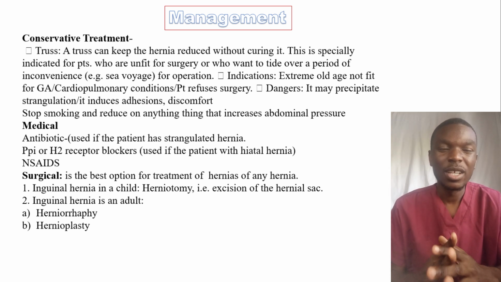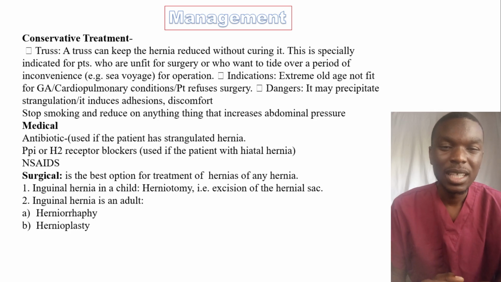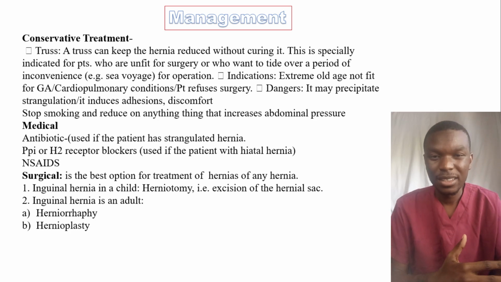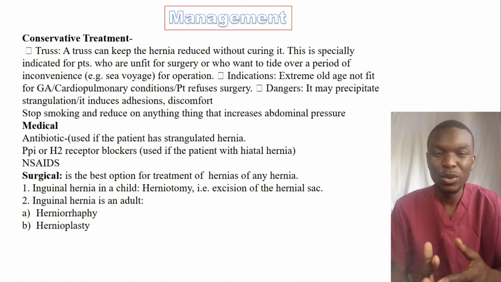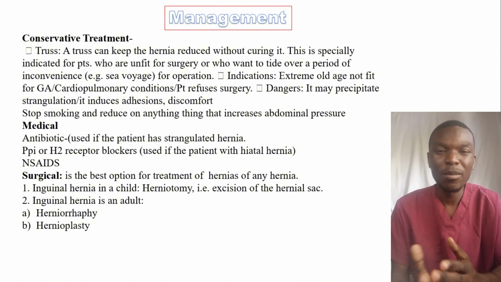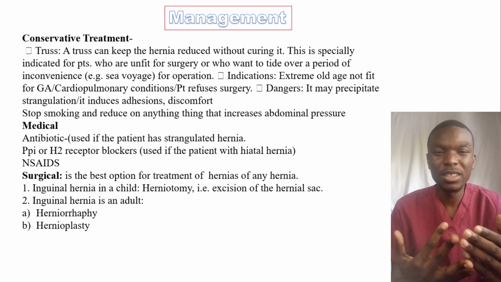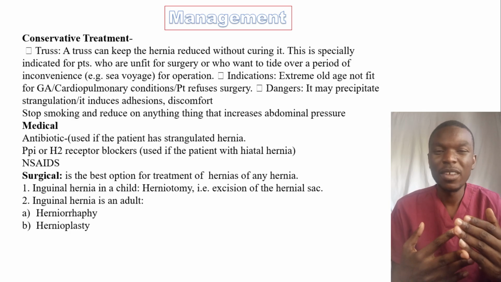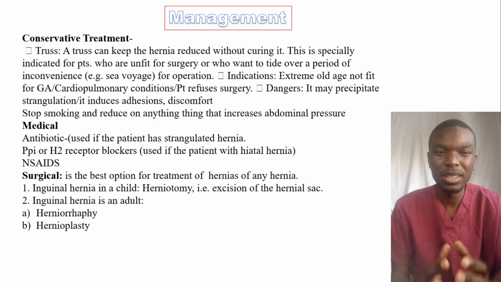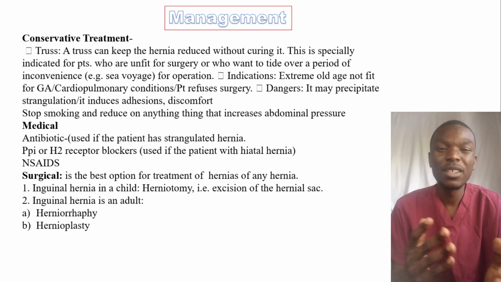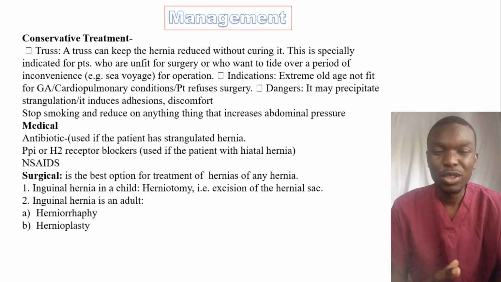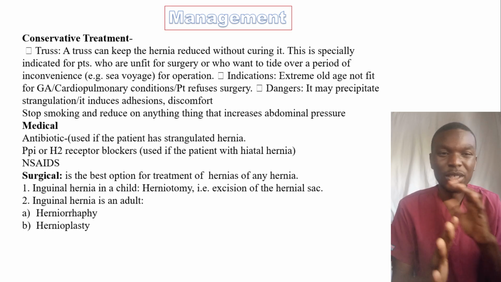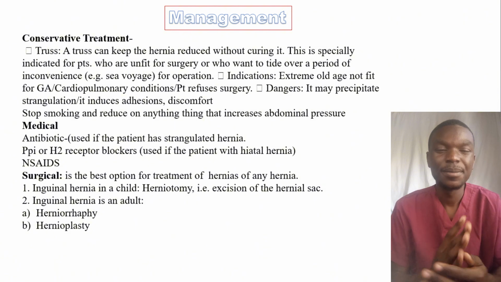You use this truss for patients that are not fit for surgery, whether the patient has refused, or the patient is too old, or they have other complications. But this one doesn't work for irreducible hernias, because you need to reduce it first, then that's when you can cover it.